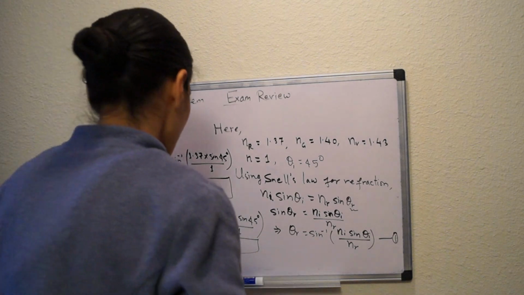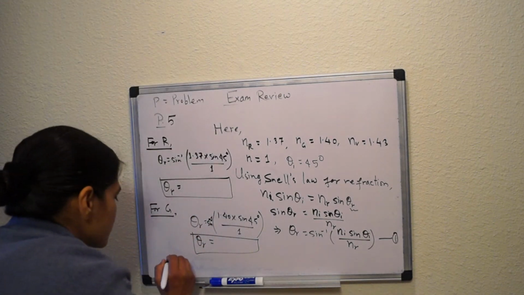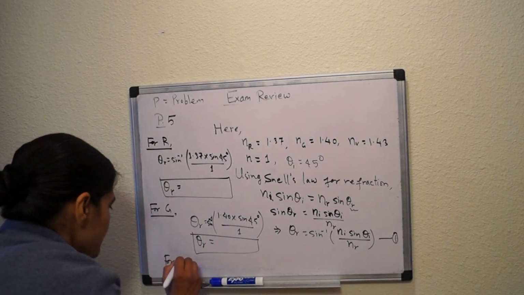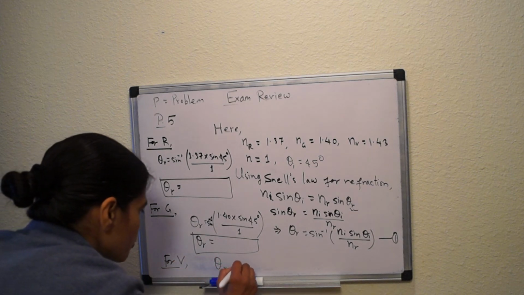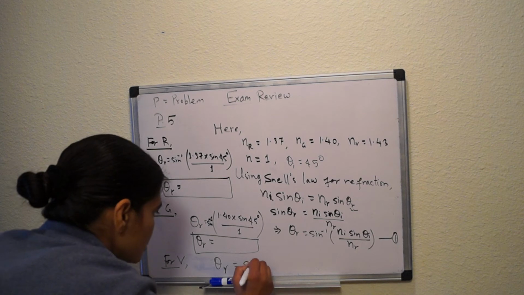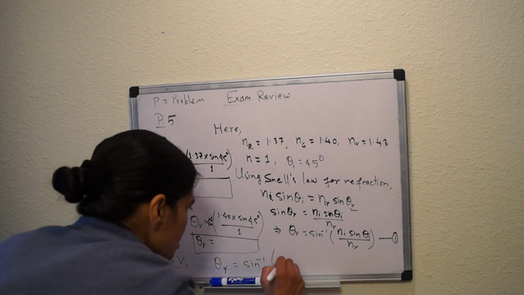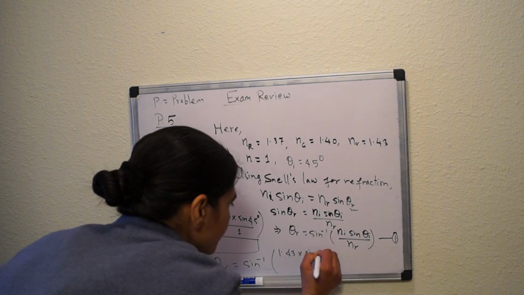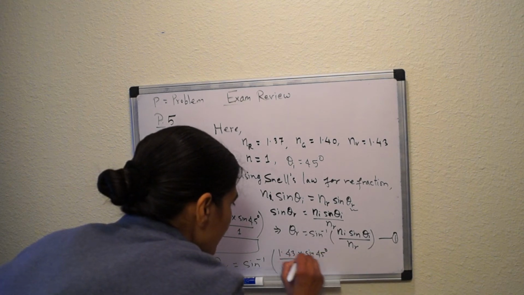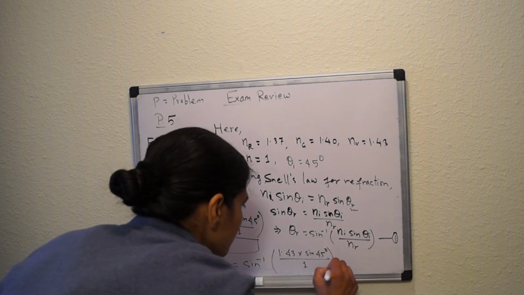Okay, now for violet, let's call it B, theta r is going to be sine inverse of 1.43 times sine 45 degrees divided by 1, okay?